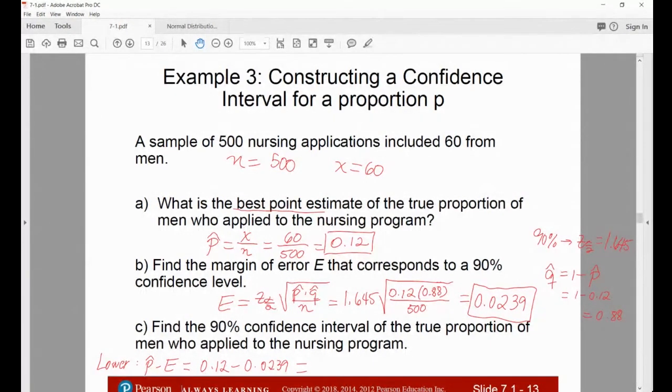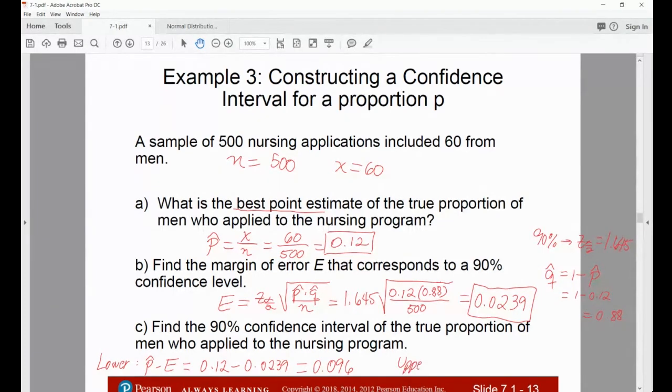Round to 3 decimals: 0.12 minus 0.0239. When you subtract and then round to 3 decimals, you should get 0.096. Yes, because at the end, we round to 3 decimals, so 0.096.